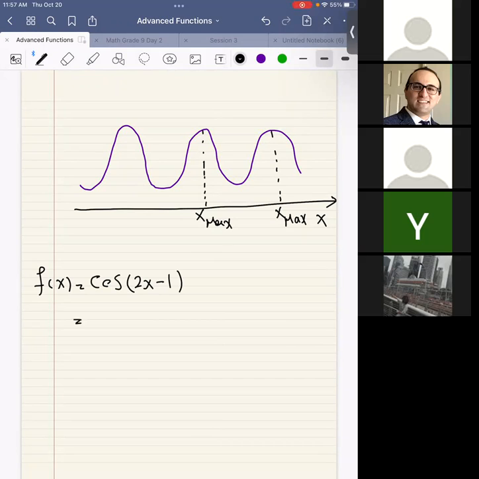Okay, that means this is f of x equal to cosine of 2 times x minus 1/2. Now here, x equal to 1/2 is the maximum. Oh, the 1/2, I wanted. Okay.